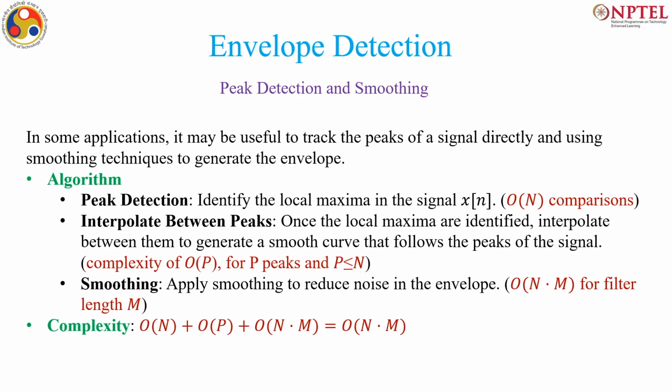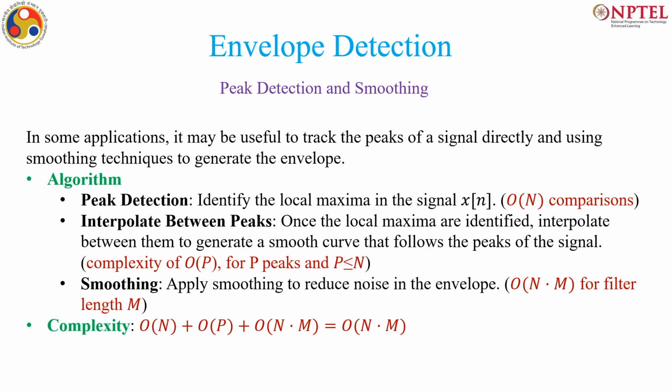So, this technique is very nice when performing operations like demodulation, but in complex problems it may not be so straightforward. So, the second method often solves this, because envelope by definition is the interpolation of the peaks, and we already have learned a lot of peak detection algorithms. So, let us apply peak detection first, and then we will interpolate the peaks. So, this is the second algorithm, which is peak detection and smoothing.